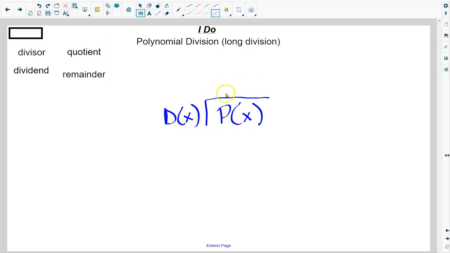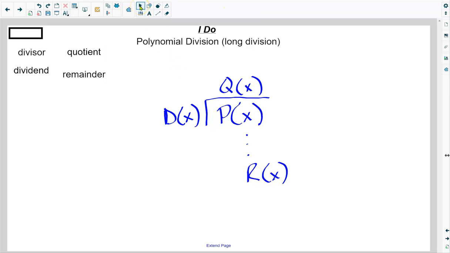And after you divide them, you get some answer up here, right? Which is the result. We'll call it q of x. And after you do all those steps, okay, sometimes it's 0, sometimes you get some kind of remainder. And this notation means this, all of these could be a polynomial divided by a polynomial. We'll give you a polynomial, and the remainder is 0 or some polynomial, okay?